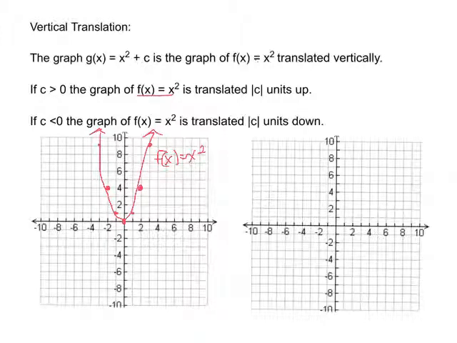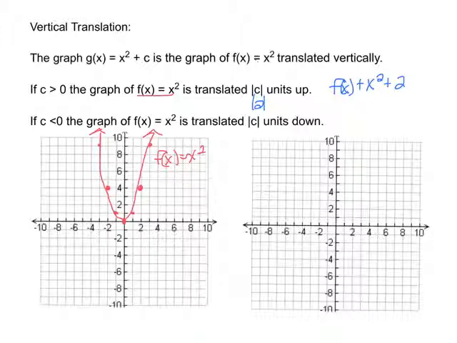So let's look at if we had f of x equals x squared plus 2. What that's telling me is that the absolute value of c, so the absolute value of 2 units up, so I'm going up positive 2 units. Every single one of these points is going to be translated up 2 units.